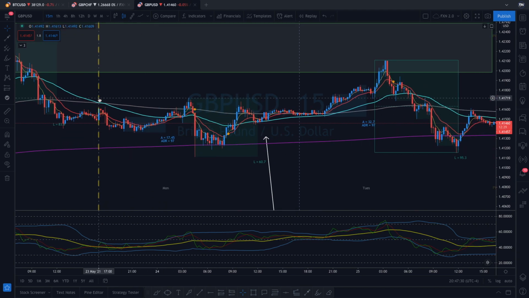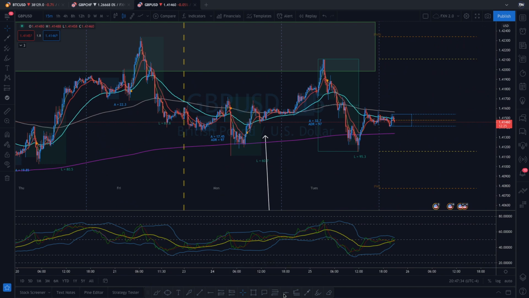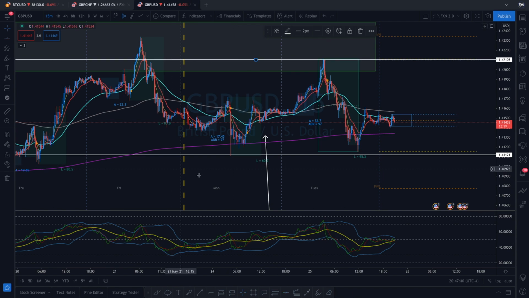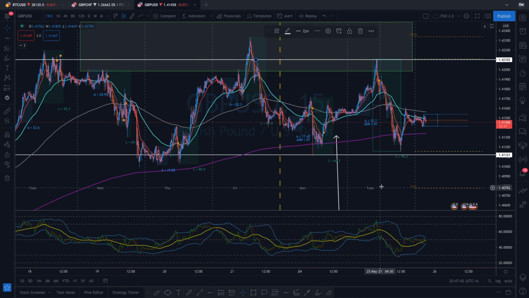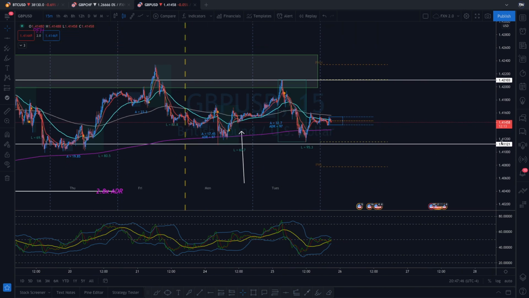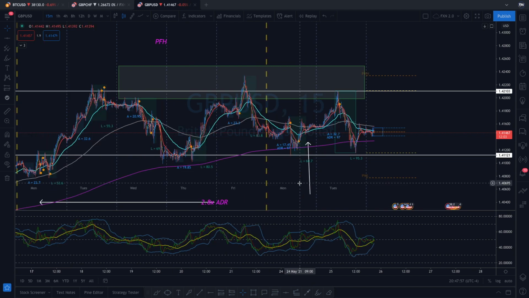So you can clearly see there's consolidation here. Think about it like this: you can just put literally 2 lines there, and there's your consolidation. Any move that's going to happen, whether it goes higher or lower, they're going to tag either the high or the low, because that's where they trap the retail traders.